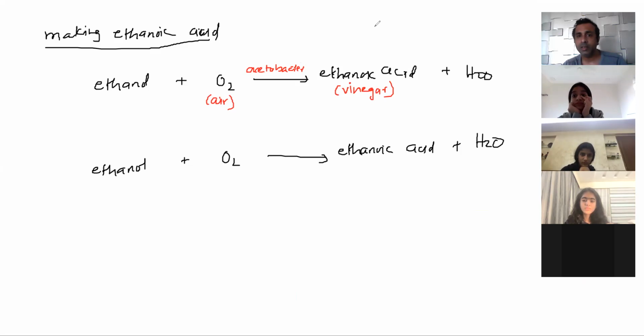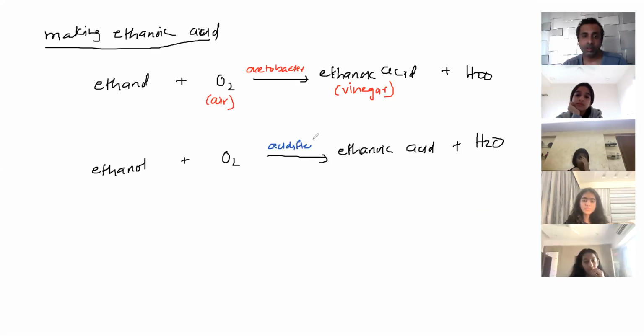Second method, it's an oxidation method, oxidation by oxidizing agent. As the oxidizing agent, you can use acidified KMnO4 or acidified K2Cr2O7, any one of them. So oxygen comes from the oxidizing agent, whichever you use.